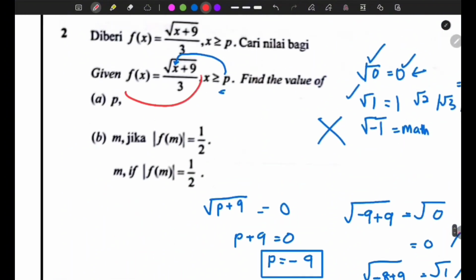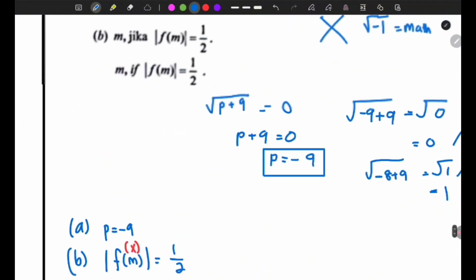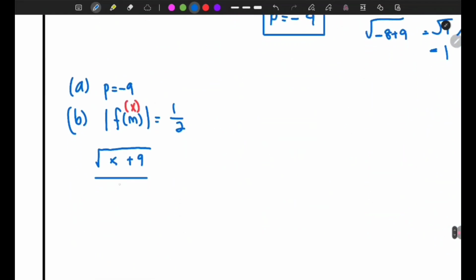They gave us third root of X plus 9, over how much? 3. Modulus 1 over 2. And don't forget, your X is no longer X, it's M. So replace it with M.